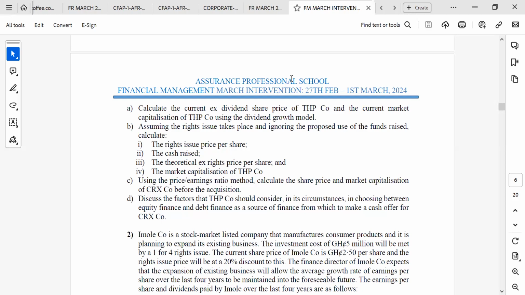Sometimes it can also deal with the kind of investment that you want to make. So if you want to invest a large amount of money, then it will be better you issue equity. Because if you go for that large amount of debt, it will put the company at risk because of the interest that you'll be paying.